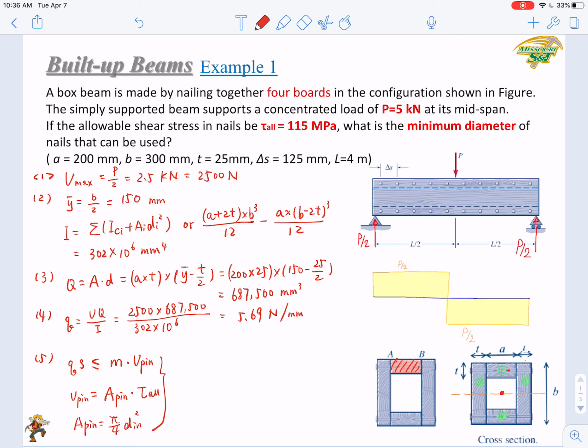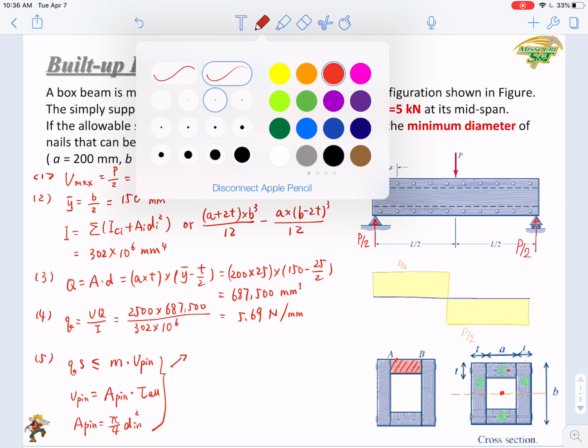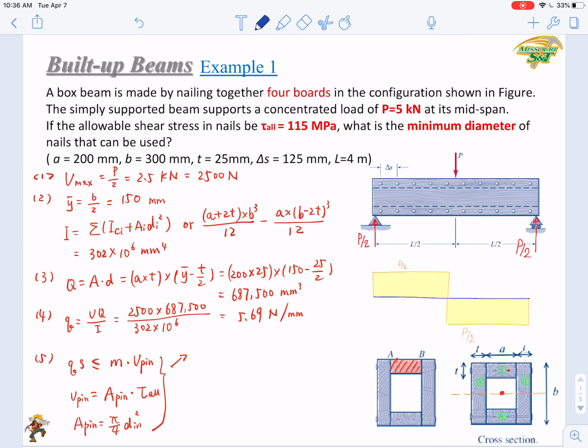Right? So you have actually here q S not higher than M times pi over 4 D square times allowable shear stress.